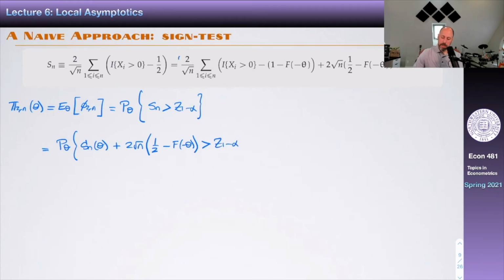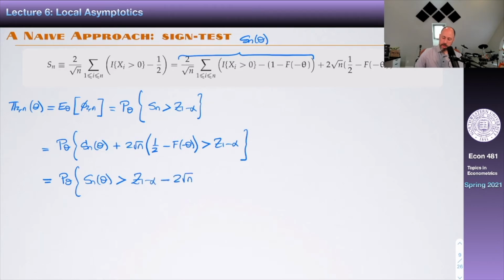Where recall that I'm calling this object over here Sn of theta. Just taking this to the other side, I have Sn of theta greater than the quantile minus 2 square root n times 1/2 minus F of negative theta.